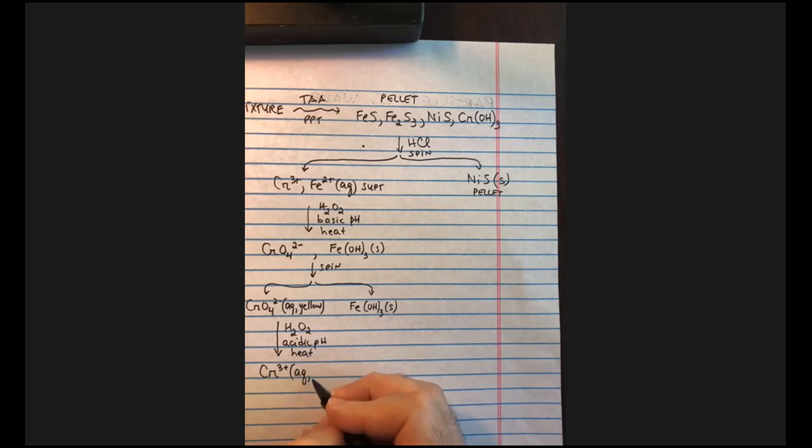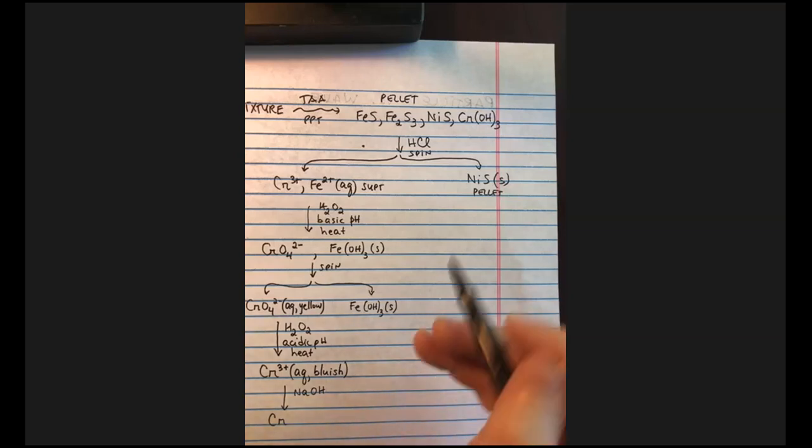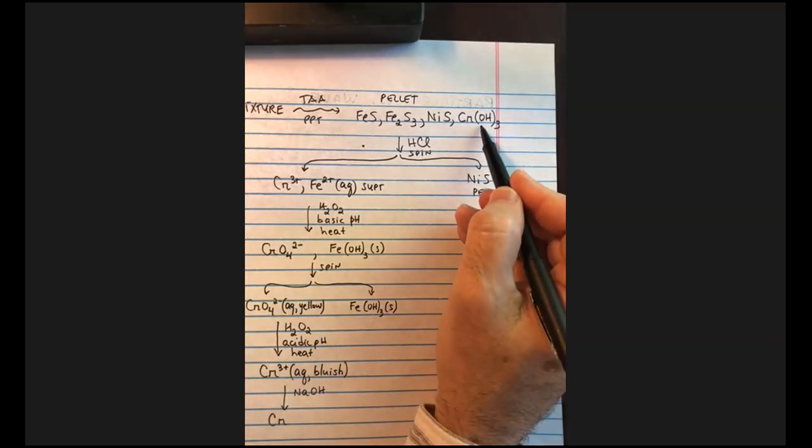And once more, depending on how much of it there is, it's going to have maybe a bluish type of color in the solution. But that's not going to be our confirmation. That's kind of like a hint. What we're going to do actually is add sodium hydroxide here, I believe, to reprecipitate. Remember the original form of the chromium precipitate was hydroxide.